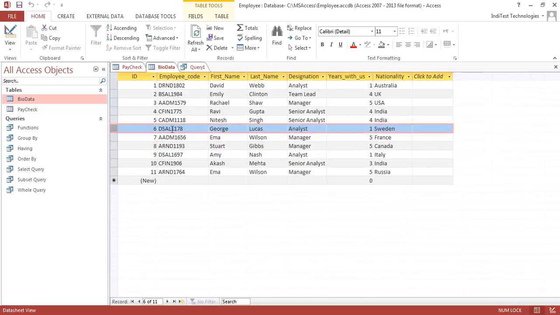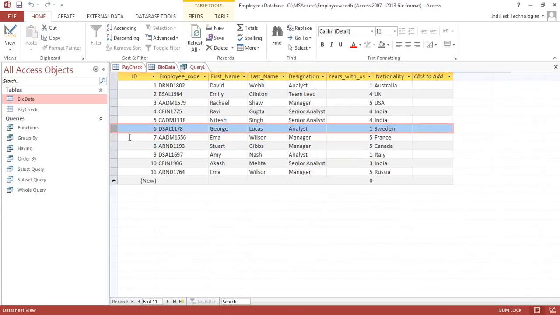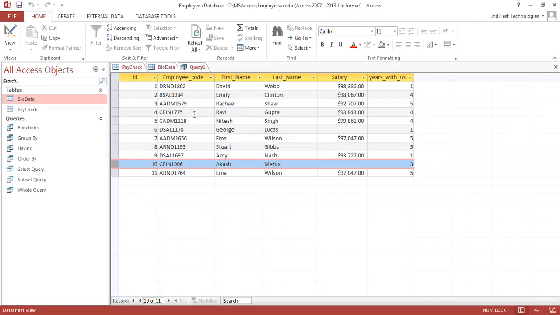Now, since no such employee code exists in the paycheck, there is no corresponding salary also. And the same kind of logic holds for the 8th row and the 10th row also. The salaries for these individuals simply don't exist in the paycheck.